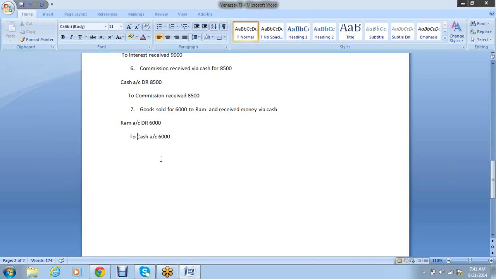Then how to post the entry? There are three entries: one is the goods account. But if I give three entries, then debit or credit will be more. You should always remember debit should be equal to credit. That must be followed. If debit is not equal to credit in one transaction, that means it is an incorrect transaction.